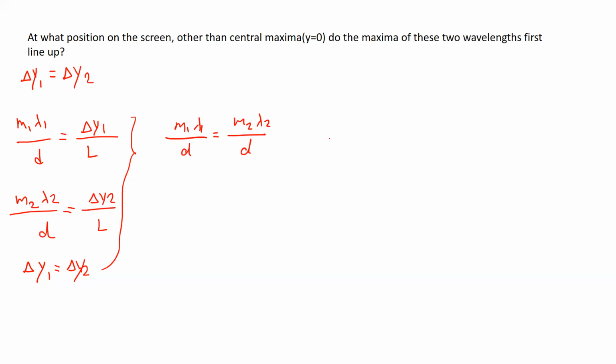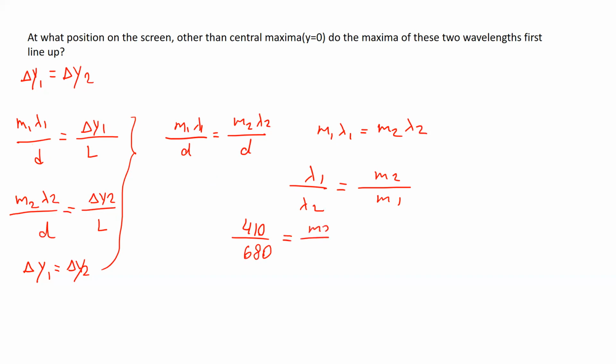Or we can say m1 lambda 1 equals m2 lambda 2, or lambda 1 to lambda 2 is like m2 to m1. So 410 to 680 equals m2 to m1. If we divide these two, we get this.